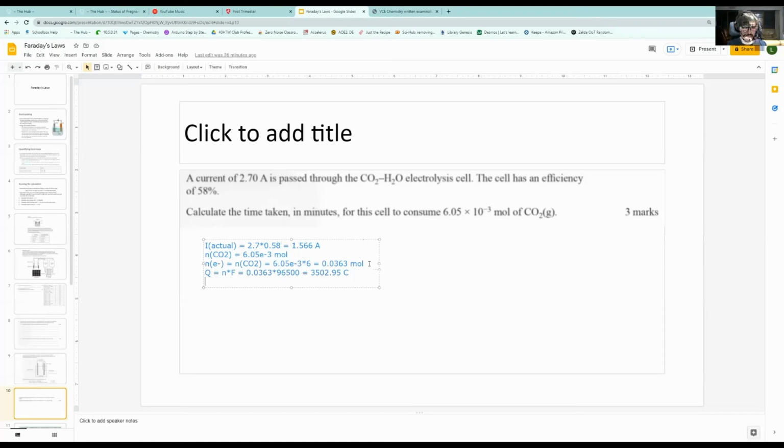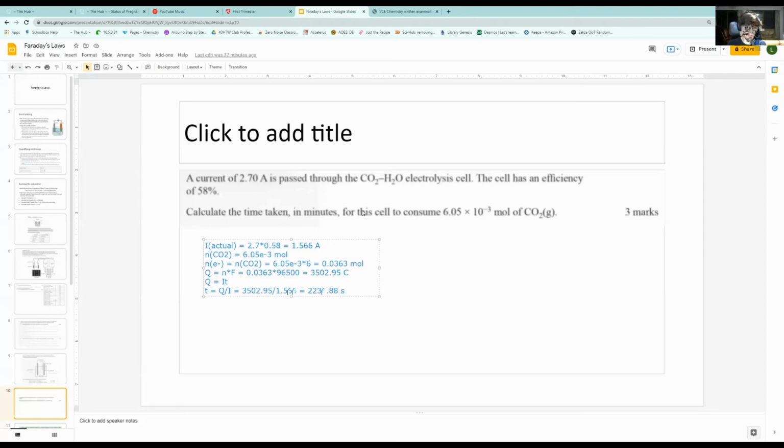We know that Q equals IT, so therefore T is going to equal Q divided by I, which is going to equal 3,502.95 divided by our effective current, which is 1.566, which is 2,236.88. Now that's in seconds.